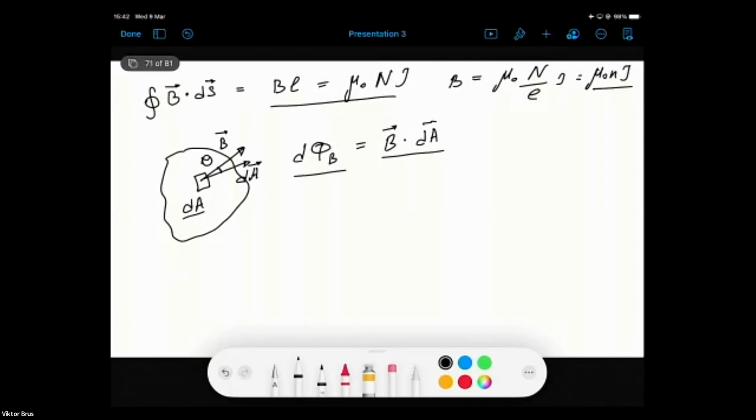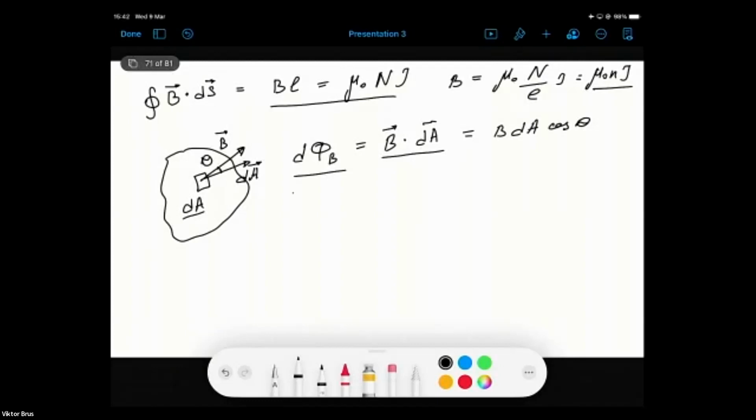We can also write that it will be the magnitude of magnetic field times dA times cosine theta.